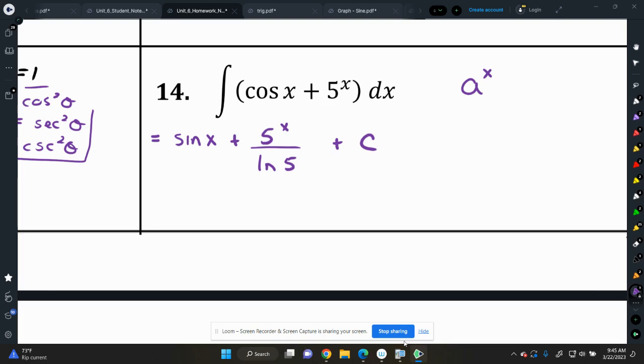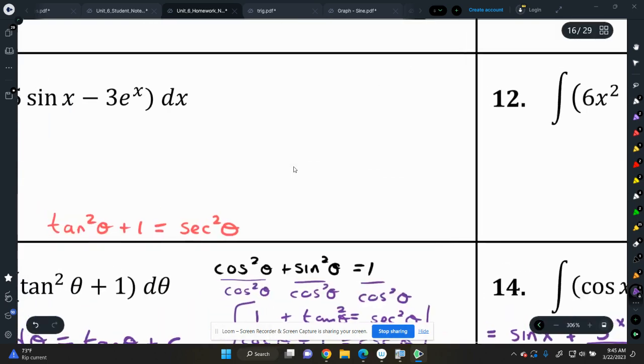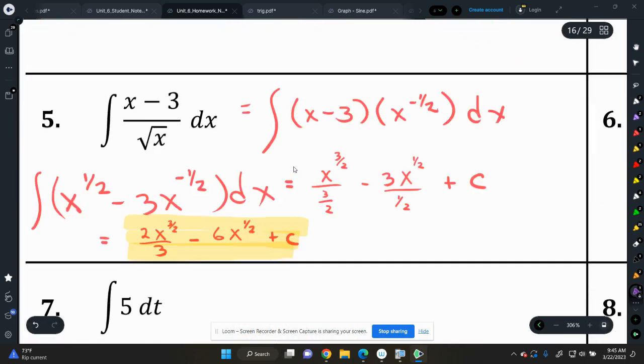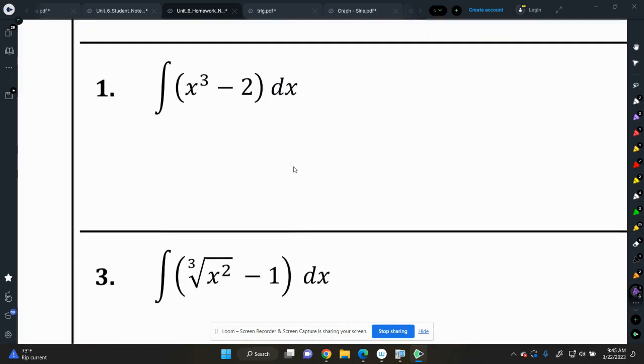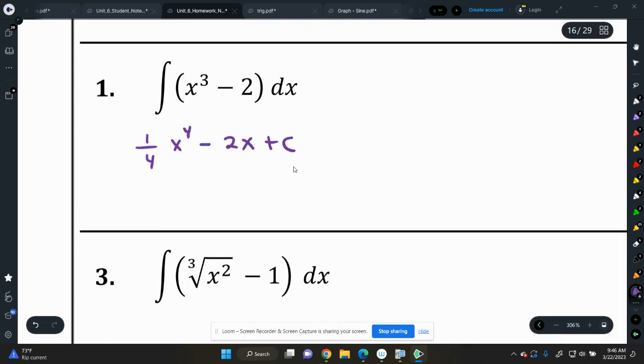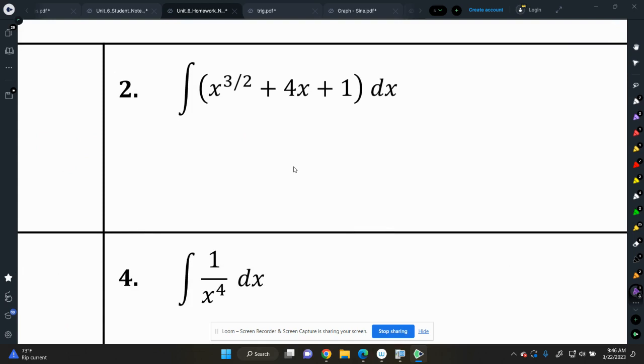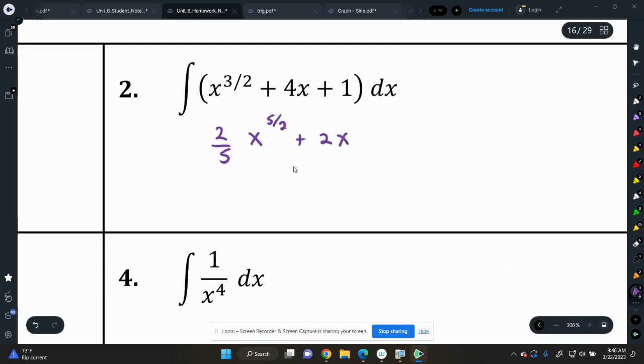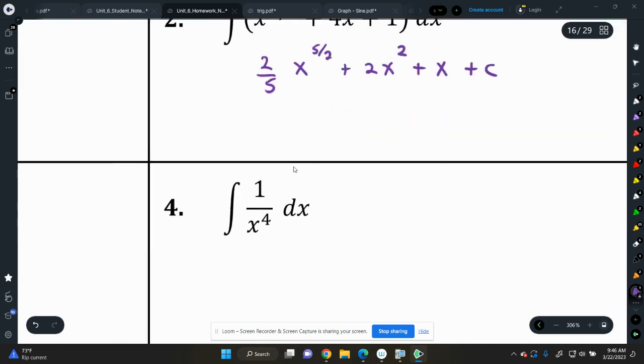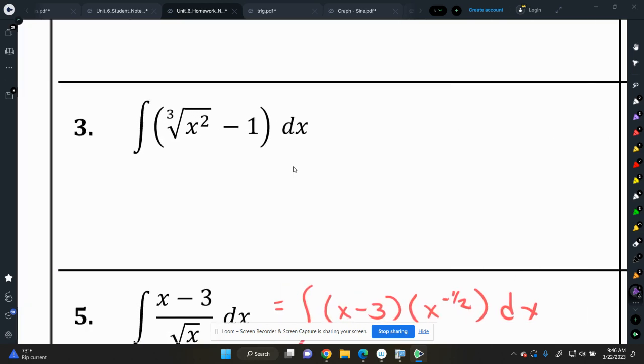Okay, I'm going to write the answers on here just so that you can check it. Let's see. Okay, number 1, we're looking at 1/4 x to the 4th minus 2x plus c. This is 2/5 x to the 5/2 plus 2x squared plus x plus c. I'll zoom back out after I get them all written in there.